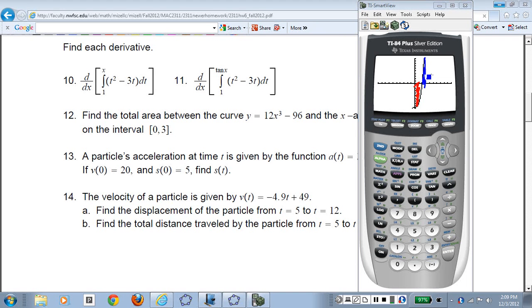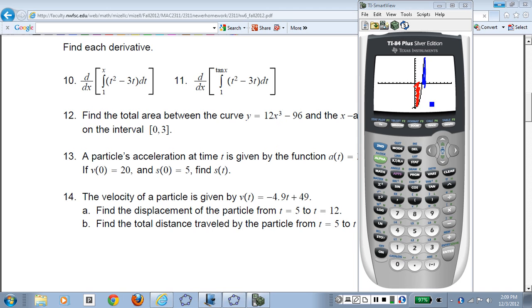So if we just use the fundamental theorem of calculus and find an antiderivative, plug in the 3, plug in the zeros, subtract, we'll get the difference between these two. But we don't want the difference, we want the sum. So the key to this problem is breaking it apart and going from 0 to 2, figuring out what that area is.